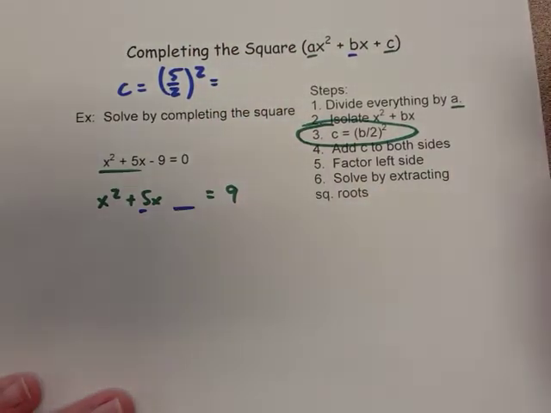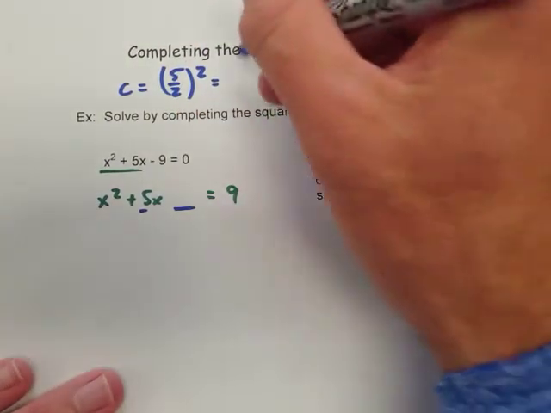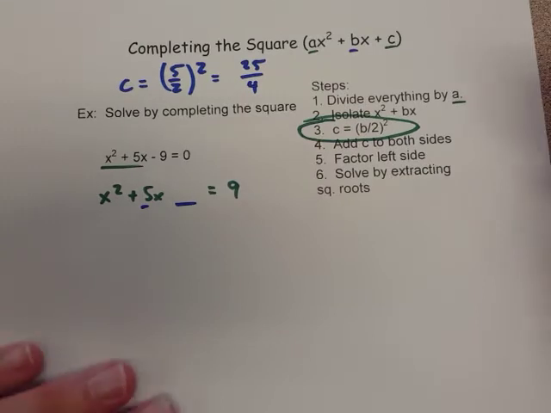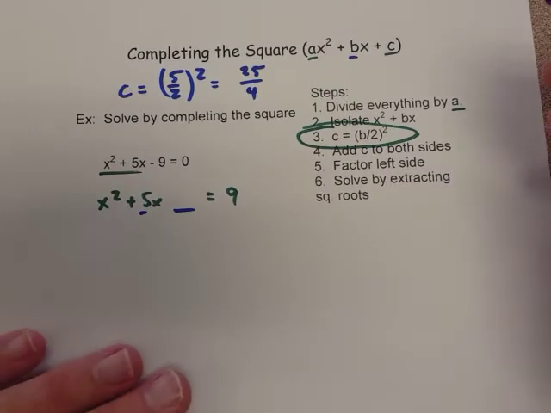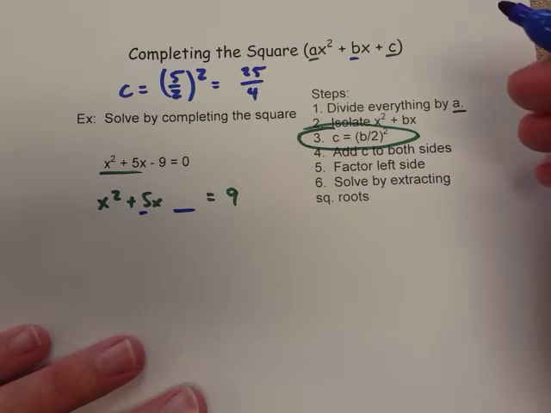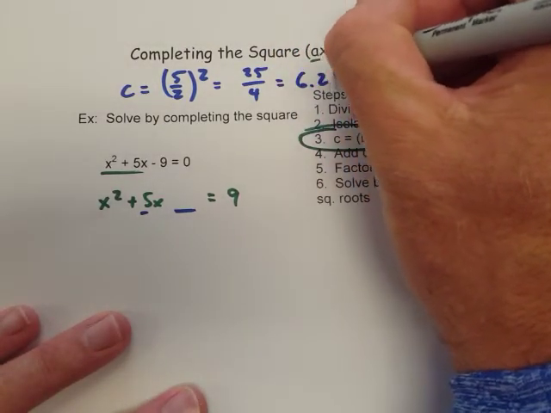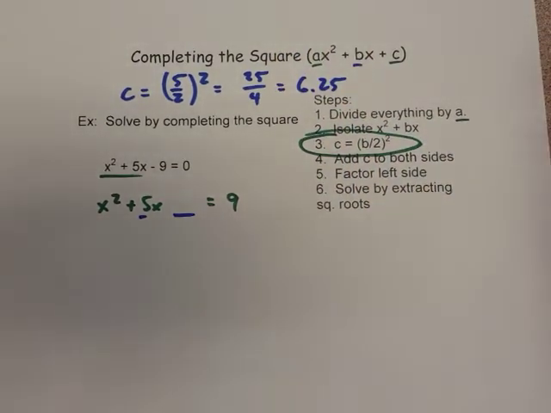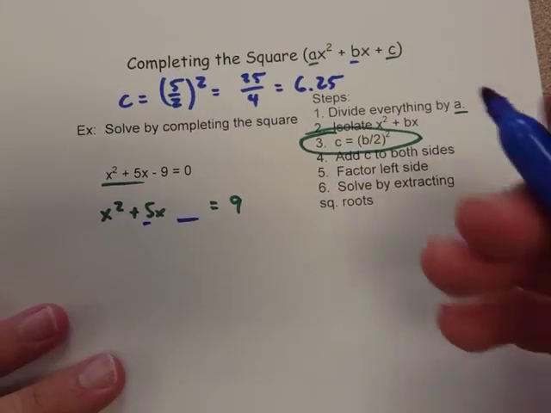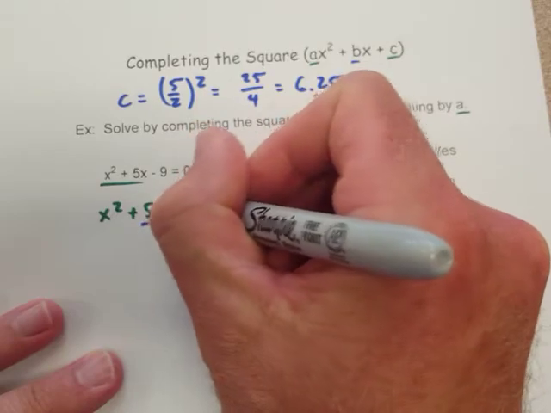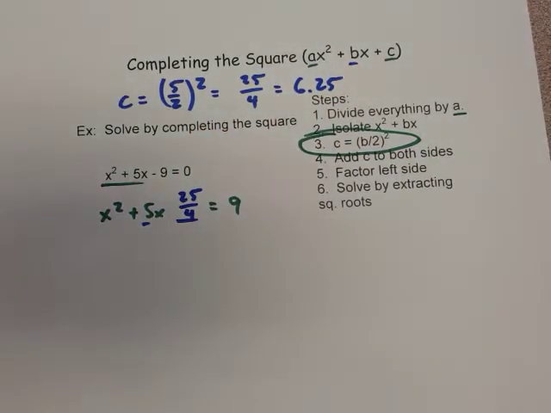And when you square a fraction, it's top squared, bottom squared, so that's 25 over 4. Now, if you want to, in this process, go right away to the decimal approximation, you can. It is 6.25, but you might be better served to wait for just a moment on that. So I'm going to plug this in here. It's 25 over 4. And I'm going to go from here.